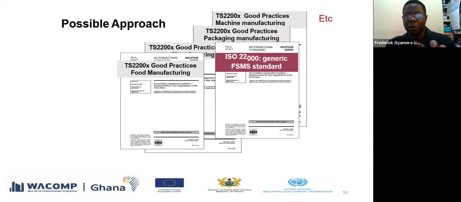Now, to talk about the 22,000, the 22,000 is a family of standards, and I've displayed a few of them. The good practices that you want to learn and apply in your small business can be found in this. There are several of these documents, standards and codes of practice that you can have access to from the Ghana Standards Authority Library.